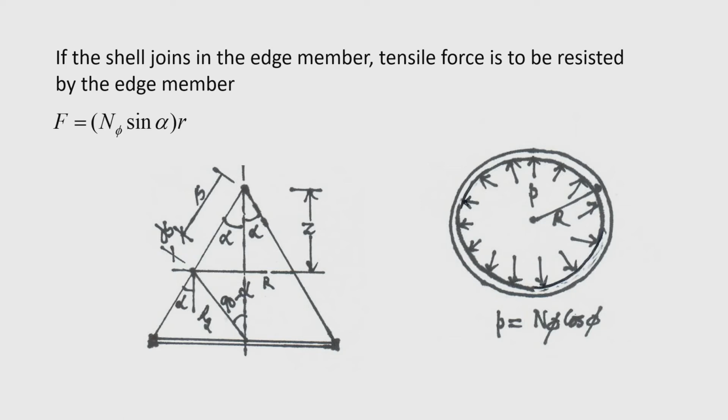The vertical component is n phi cos alpha, and the horizontal component will be n phi sin alpha. This horizontal component will act here and give a pressure on this ring beam. So, this ring beam will be subjected to tension due to this pressure.